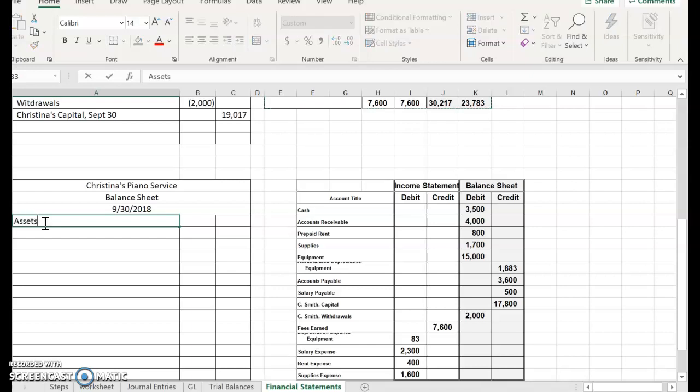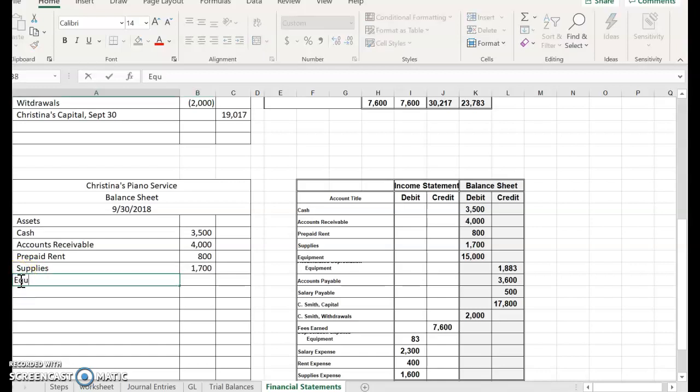So we're going to have our assets first, so we're going to look at what assets we have, and the first one you will see is cash, and it has an adjusted balance of 3,500. We have accounts receivable of 4,000. We have prepaid rent of 800. We have supplies of 1,700.